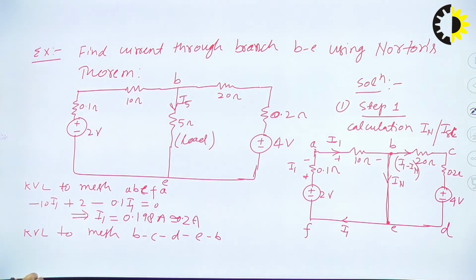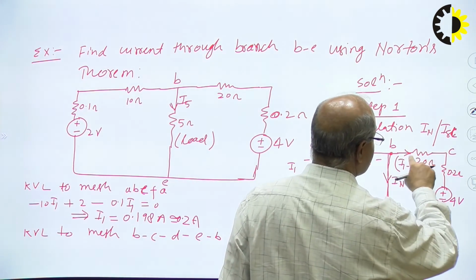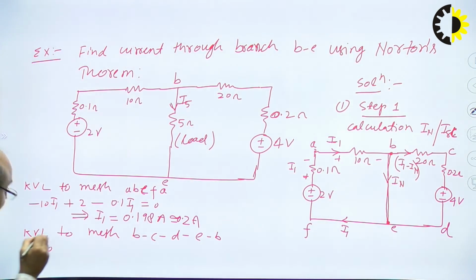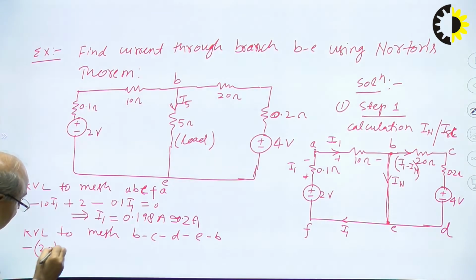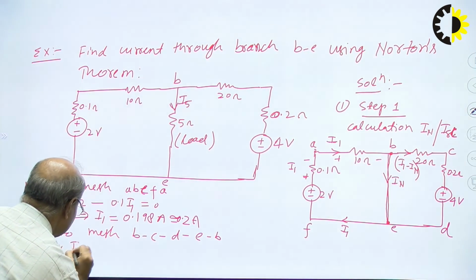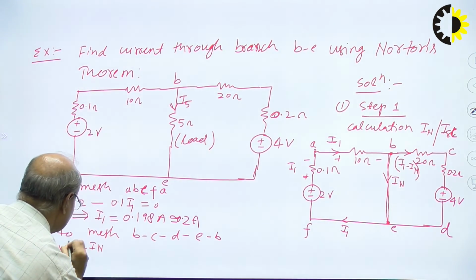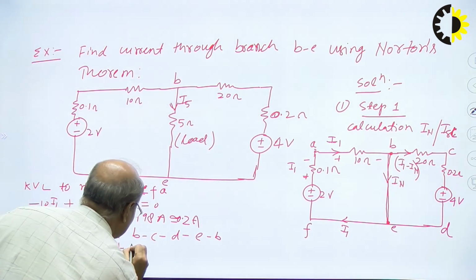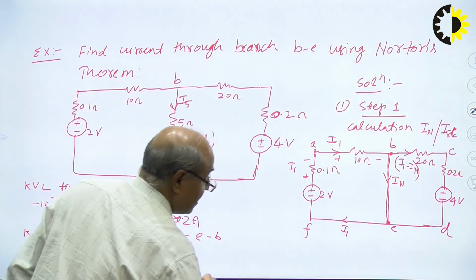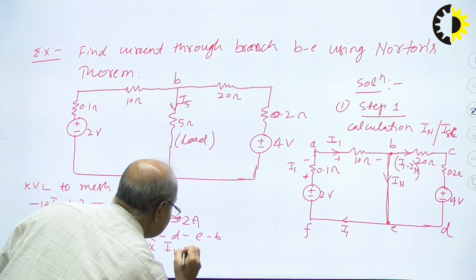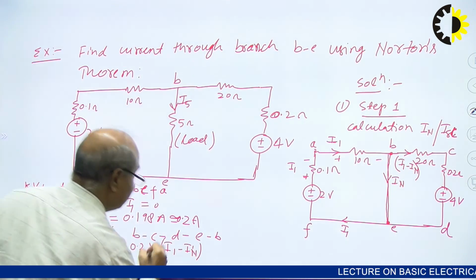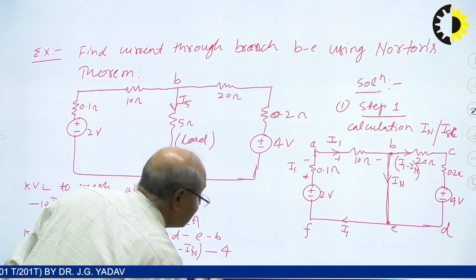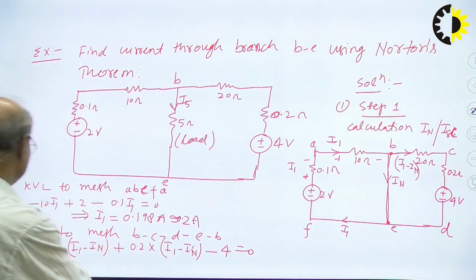So KVL to this mesh, as we have explained, we can write minus 20 into I1 minus IN, resistance into current, and again 0.2 into I1 minus IN, and minus 4 is equal to 0. This is simply KVL.